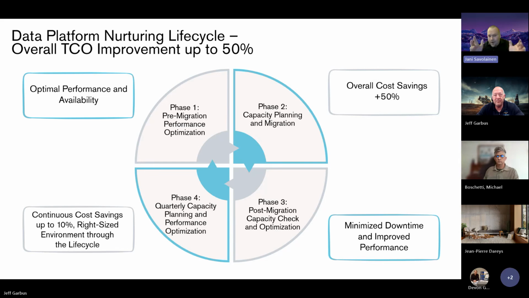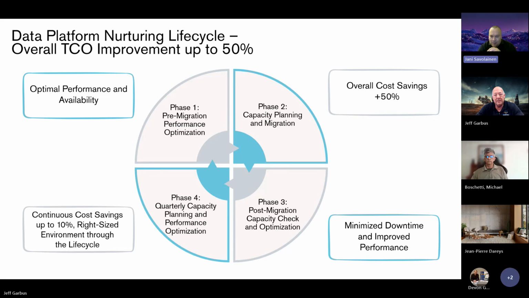So first, pre-migration optimization, then the next phase is capacity planning and migration. And with this capacity planning, if you just lift and shift, you can lose even 50% of cost savings there. So capacity planning is very important: which workloads to right size and which workloads need to be consolidated on server, instance, and database level in the most efficient way.